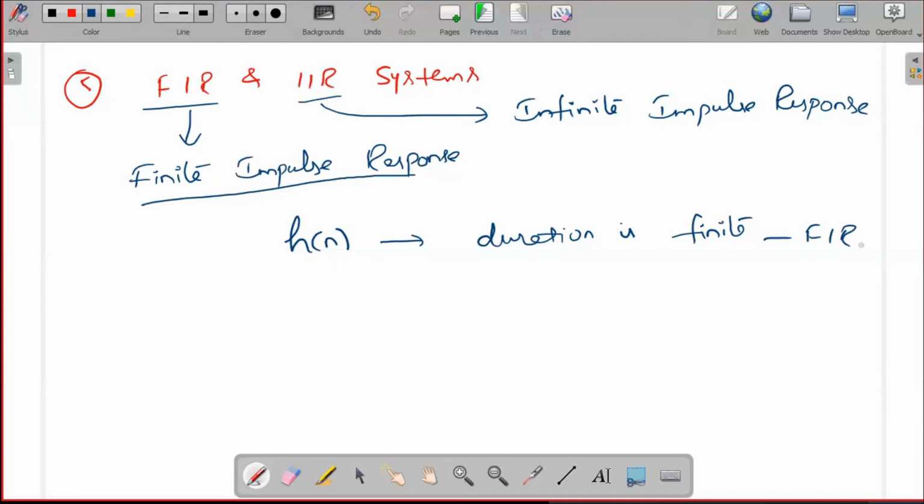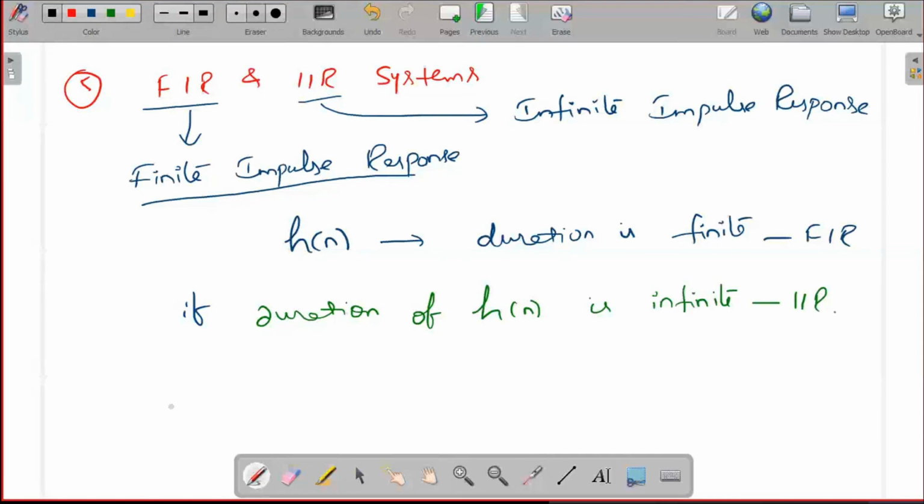If the duration of the impulse response is infinite, simply it is called IIR.